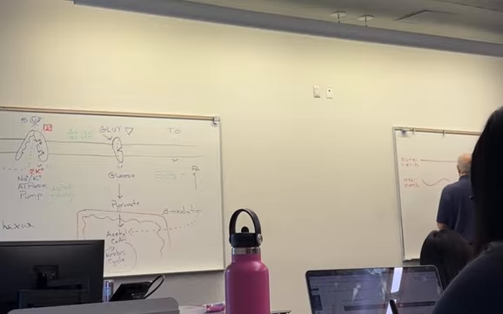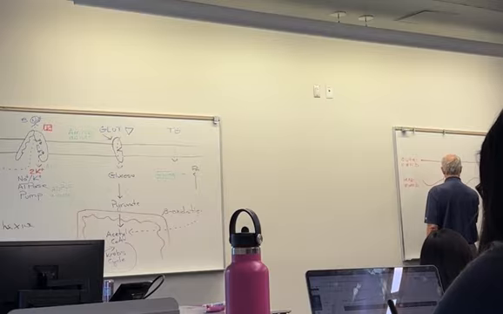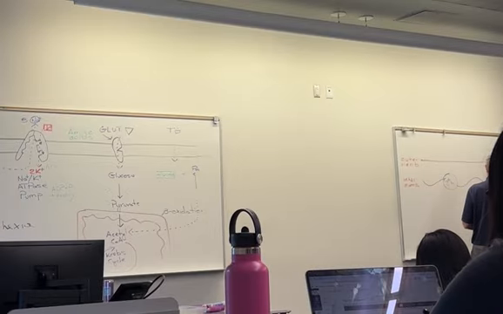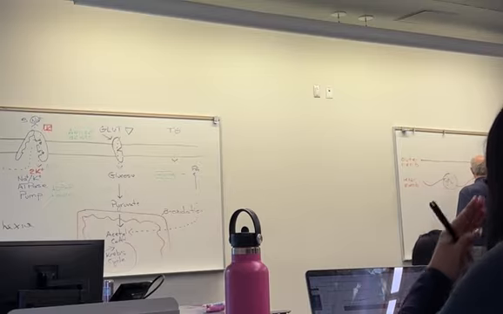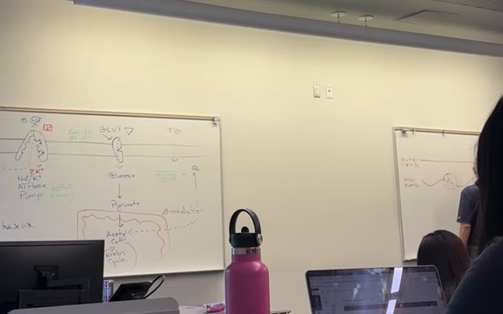We've got cytochrome B. We've got cytochrome C. We've got cytochrome A3.